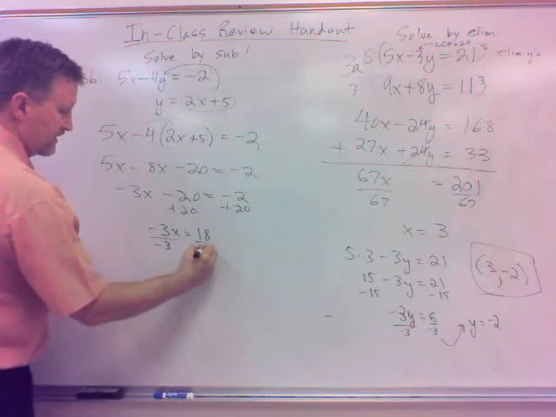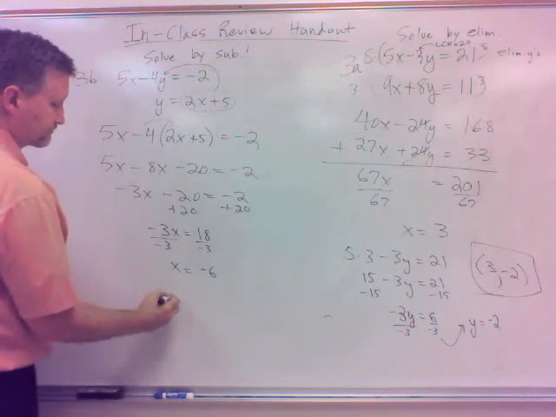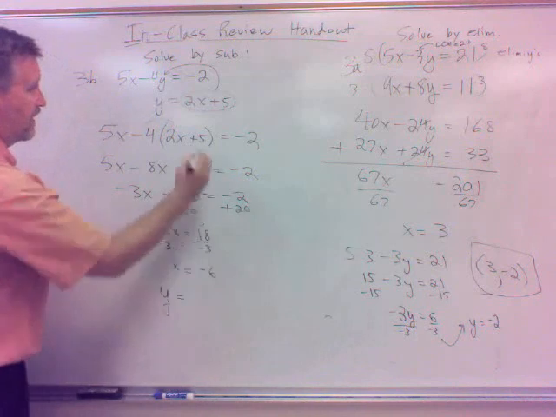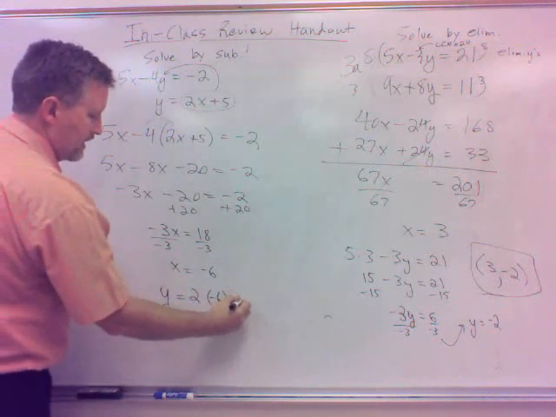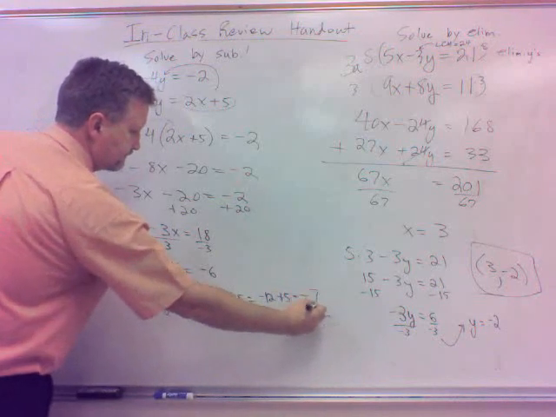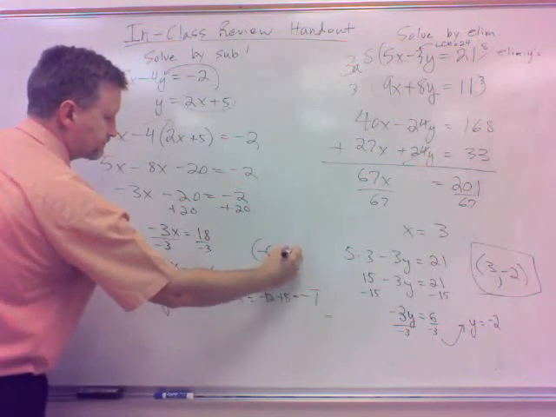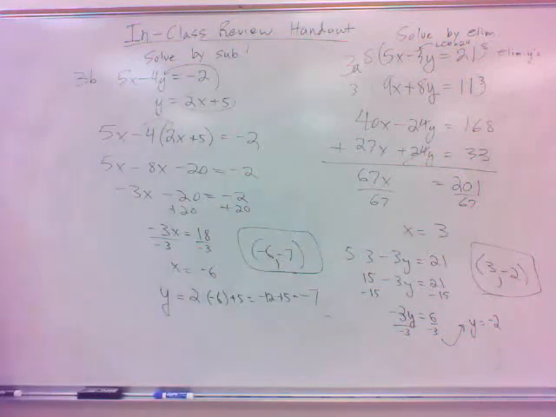So again, divide by negative 3. X is negative 6. Also need the y, so substitute x to be negative 6. And that would be negative 12 plus 5, which is negative 7. How about that? Sound okay?